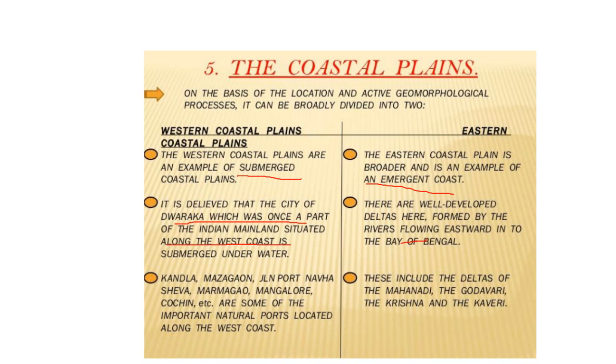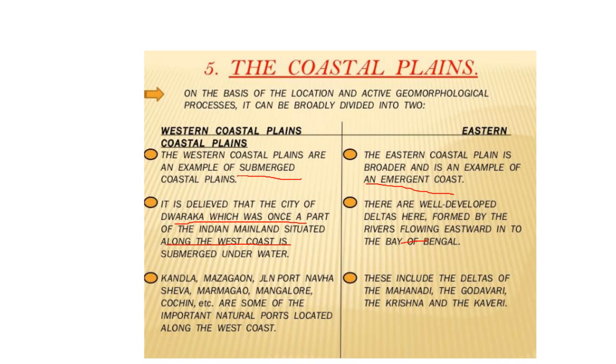It is believed that the city of Dwarka, which was once a part of the Indian mainland and is situated along the west coast, is submerged under the water. In ancient times Dwarka was a prime city of India, which is submerged in this water. There are well-developed deltas here formed by the rivers flowing eastward into the Bay of Bengal.